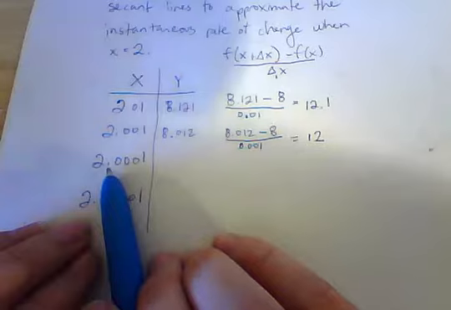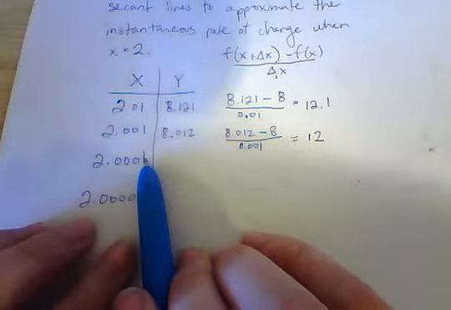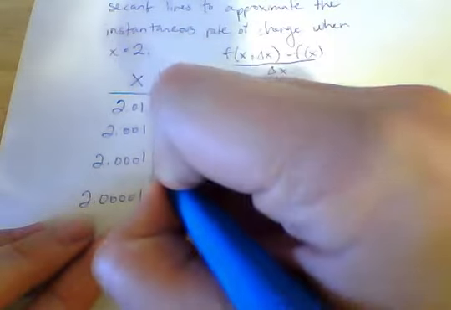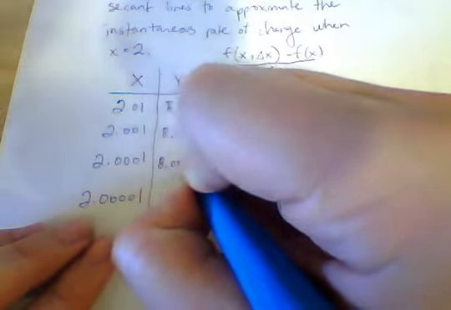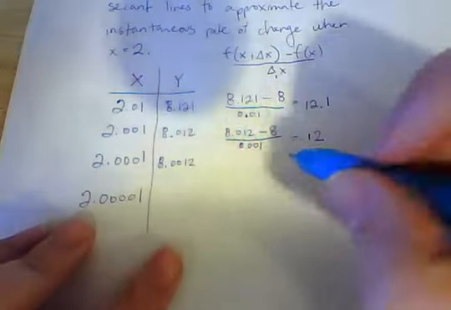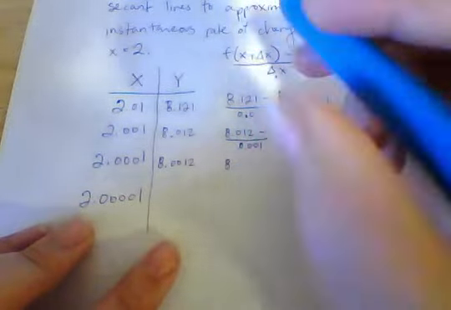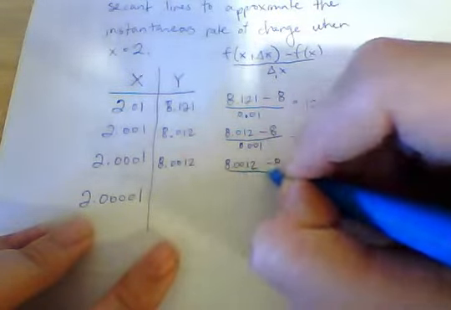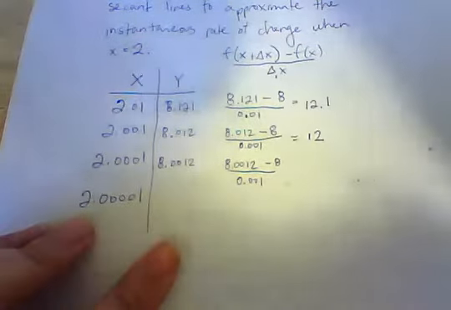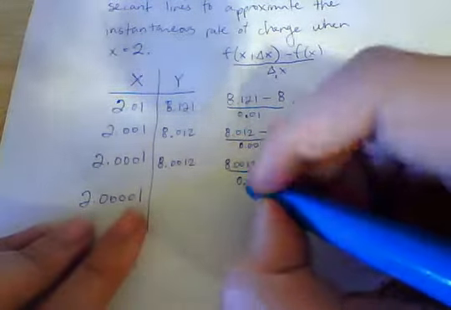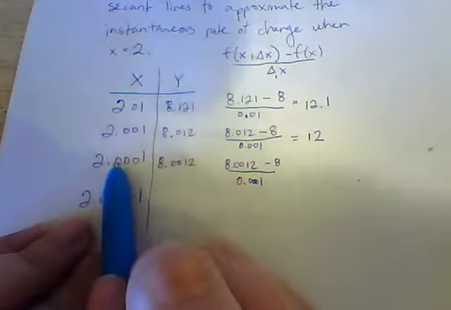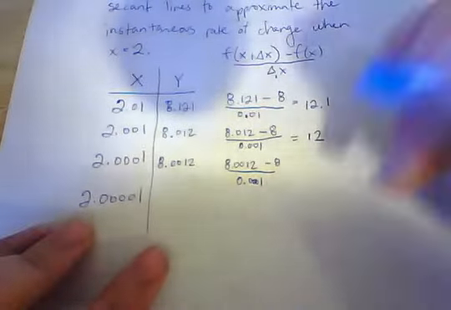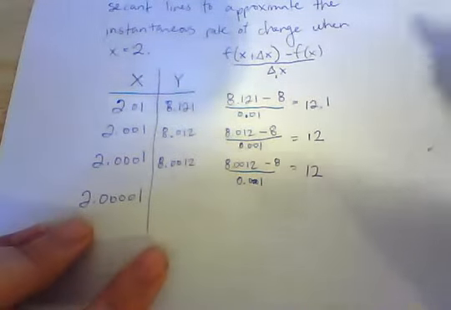If we take 2.0001 and we cube it, we plug it into our f of x equals x cubed, we get the value 8.0012. And when we plug that into our formula for f of x plus the change in x, minus 8, all over our change in x, which is now 0.0001, we get 12 again.